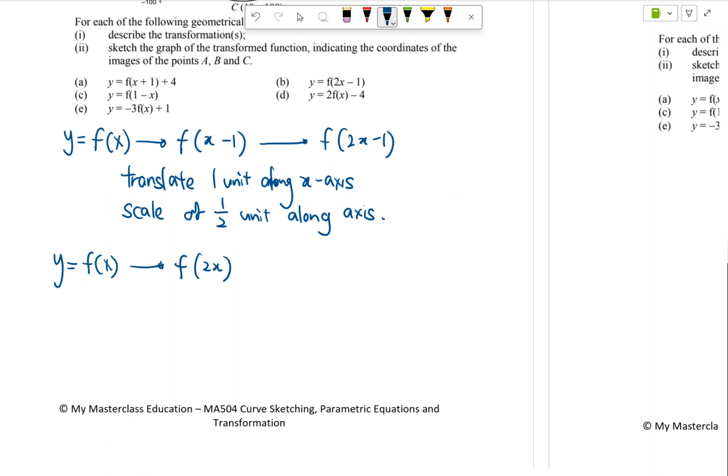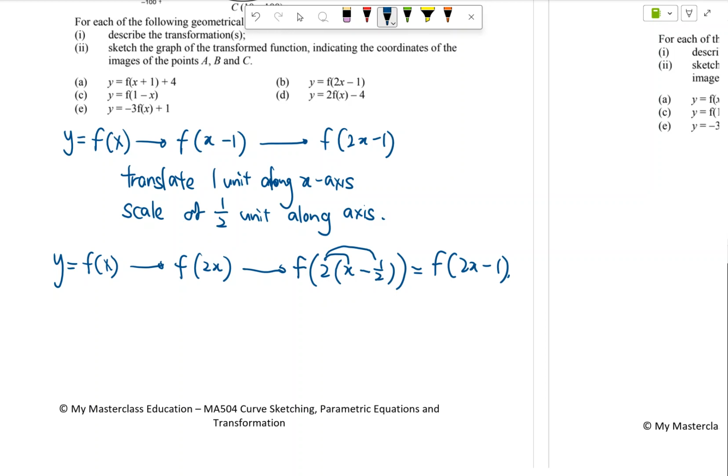Okay, now if I go and do f of 2x and I want to achieve y equals f of 2x minus 1, be careful, the x must have a bracket. So this will become f of 2 bracket, you have to use x minus half instead and not x minus 1, such that the 2 will multiply here and it will become f of 2x minus 1.